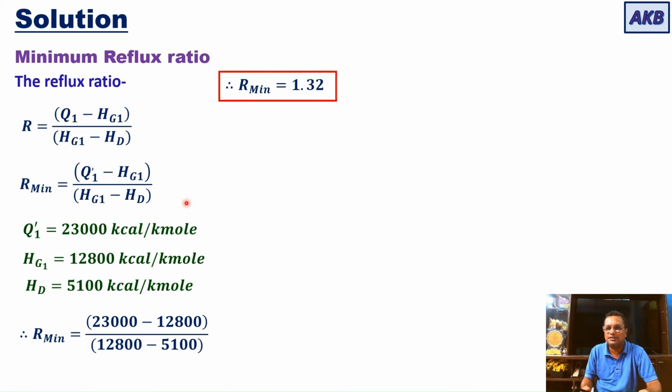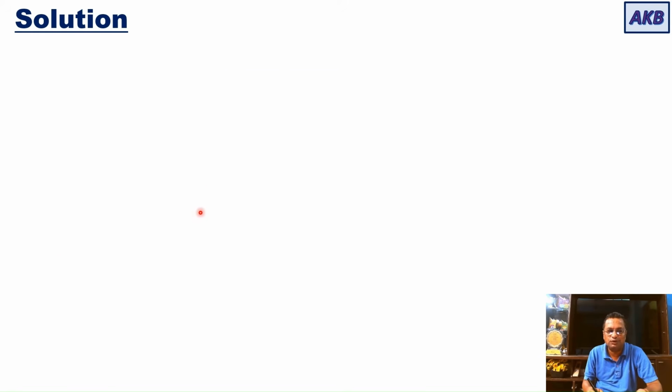So locate XF, you already have that point F, and then locate YF, draw a line through F and YF, and extend it to the vertical line through XD. Where the intersection occurs, you get delta dm. Then read the y coordinate of that point, that will be Q1 dash, and then use this formula to get R minimum. So in this way, minimum reflux ratio has to be found.